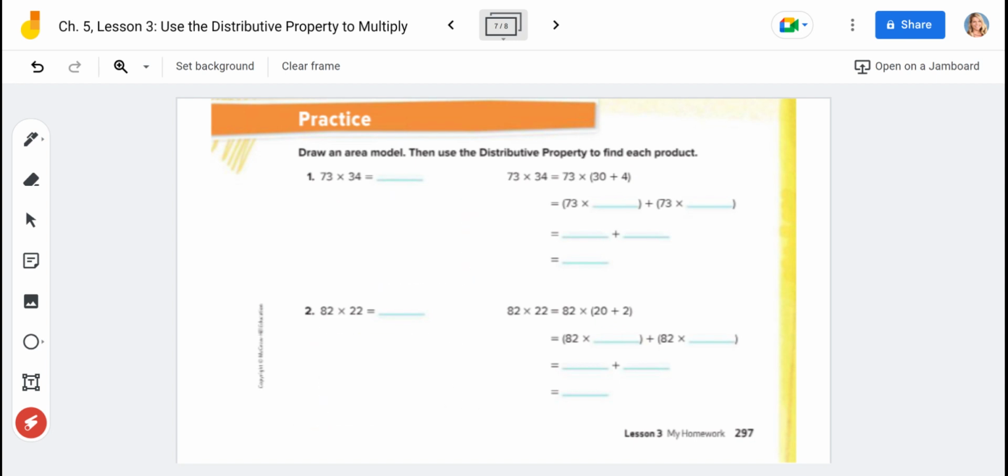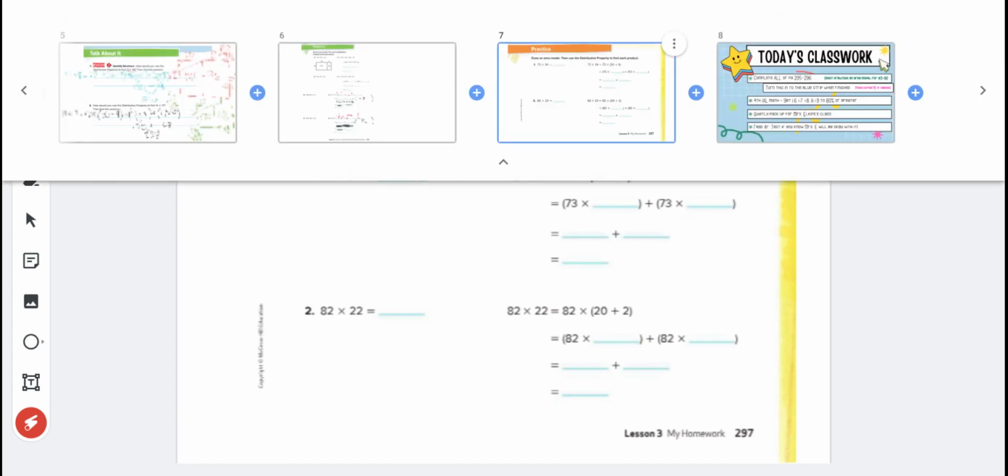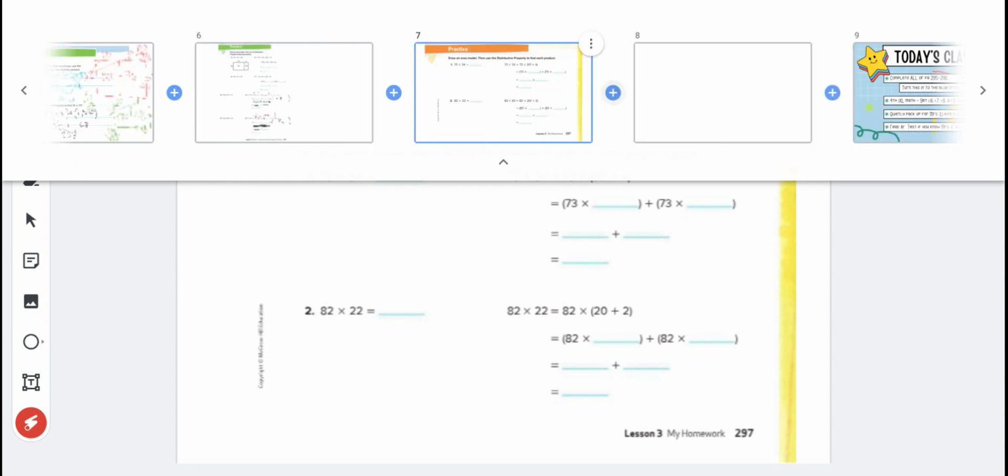Now, I didn't put the back of the homework on here, but listen very carefully, because I'm going to tell you what to decompose on homework. So let's go here.